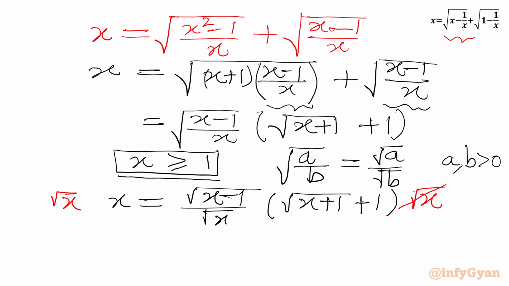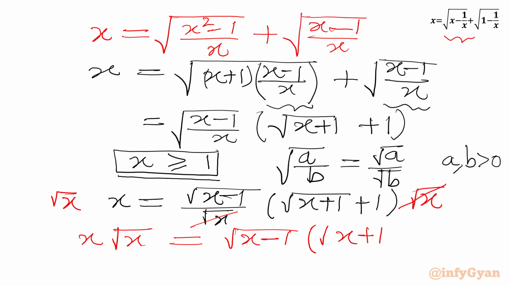Now we will cancel square root x from the denominator. So we will write our equation x root x equal to square root of (x minus 1) times (square root of (x plus 1) plus 1). Now we'll be using rationalization.